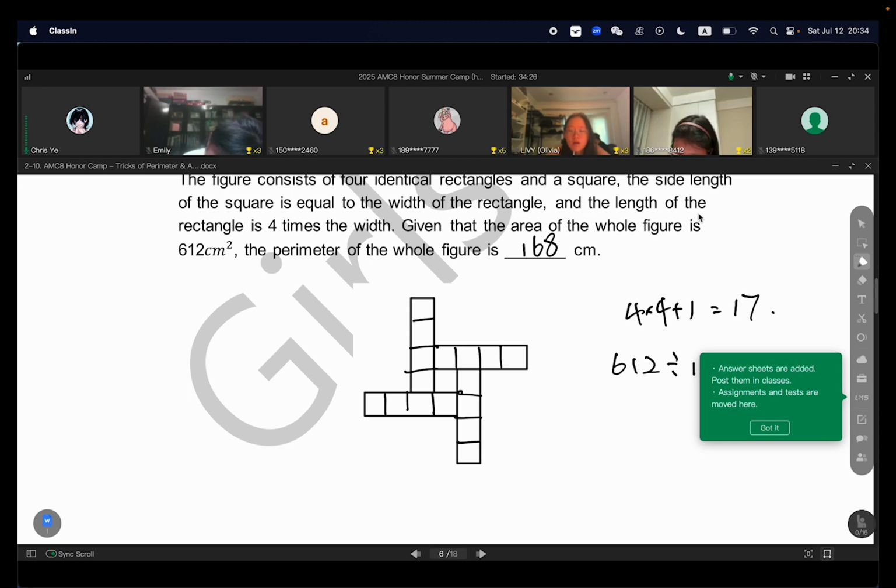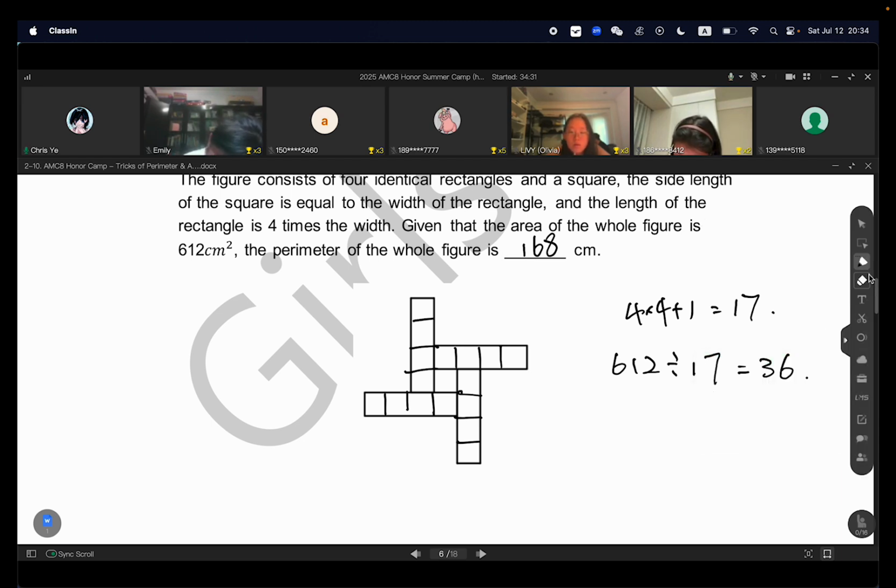And that means the side length of the square is the square root of 36, which equals 6. And we can do the same thing. If we want to find a perimeter, we can just do translation again to get this.